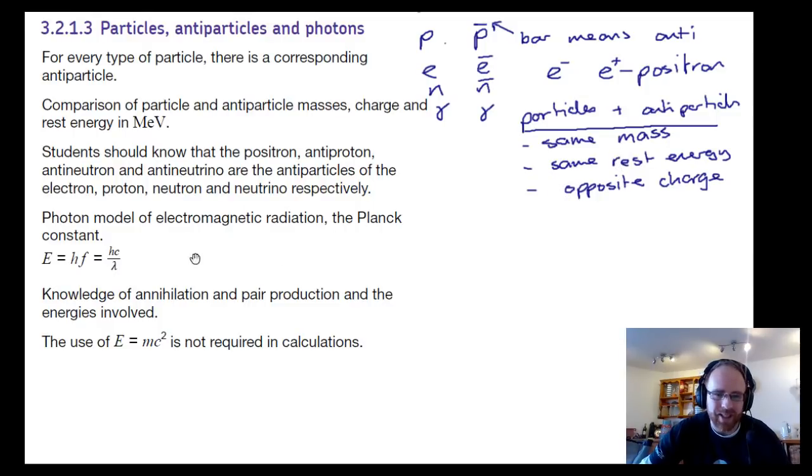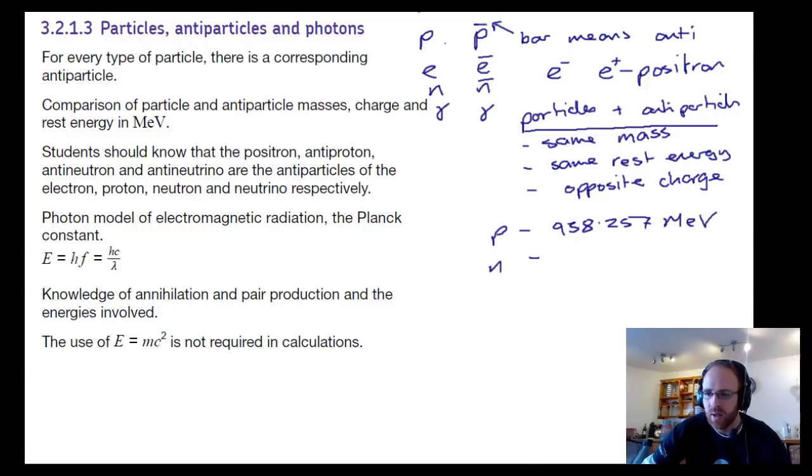Proton rest energy is given to you as 938.257, which is a bit mad. That's in mega electron volts. We'll talk about the electron volt in a second.